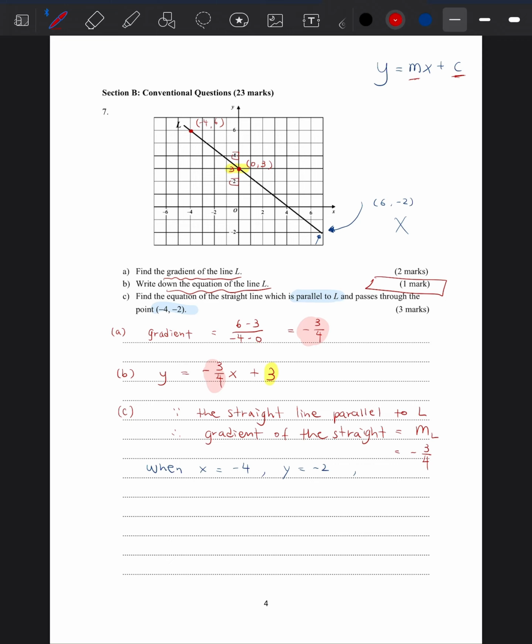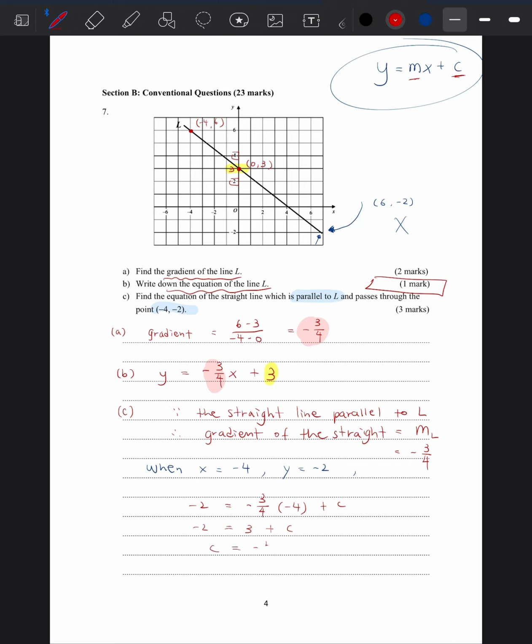So when x equals -4, y equals -2, now we substitute all these numbers into the equation to find a new c. So here my y is -2, in the form y equals mx plus c. So y equals my m, my x, and c. So in this case, we solve it.